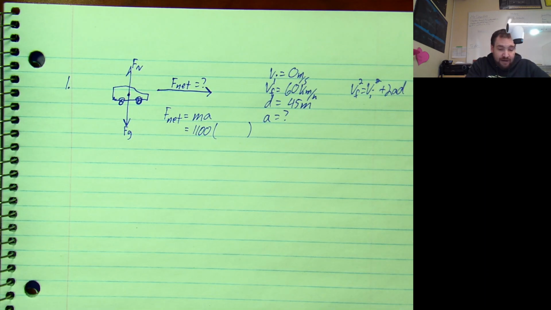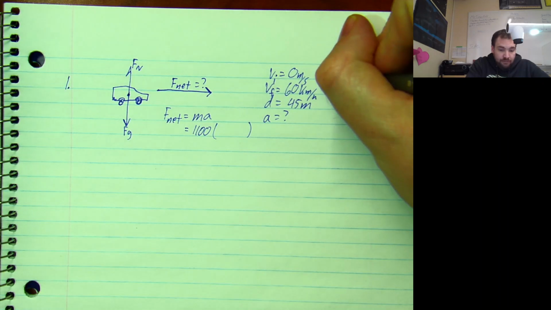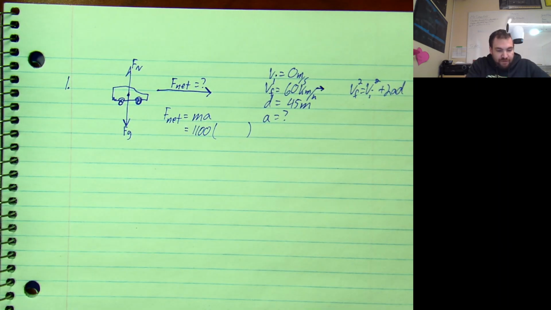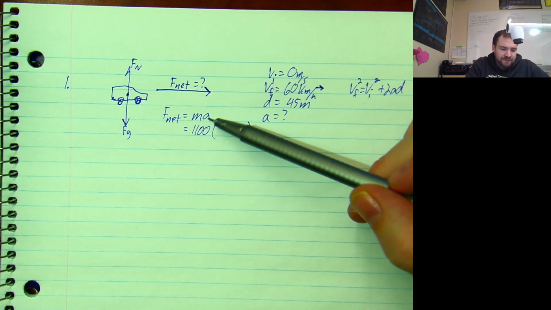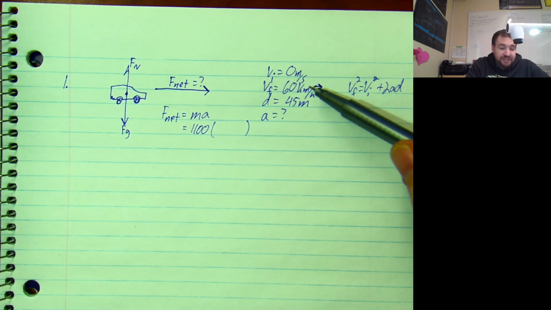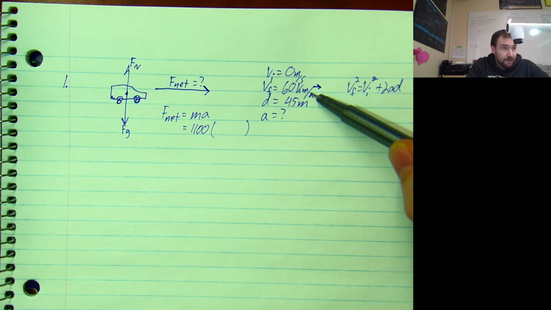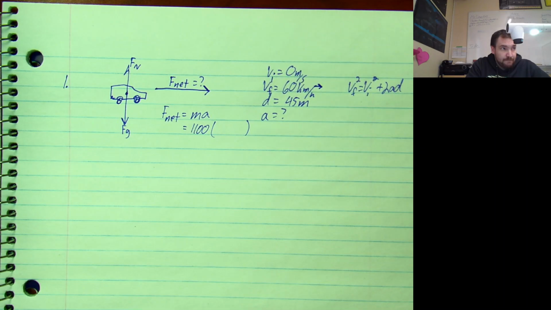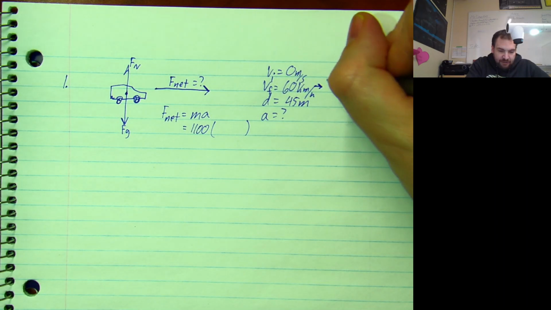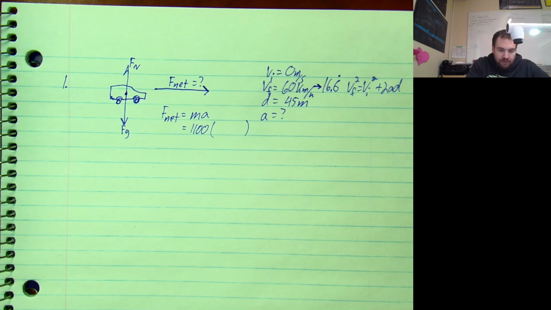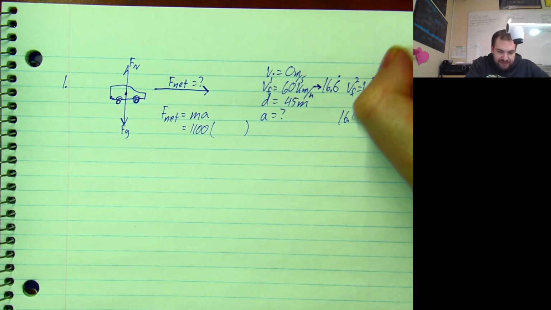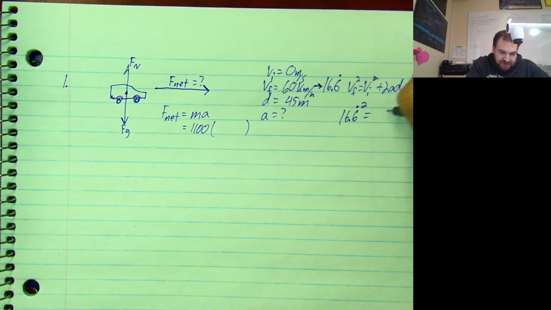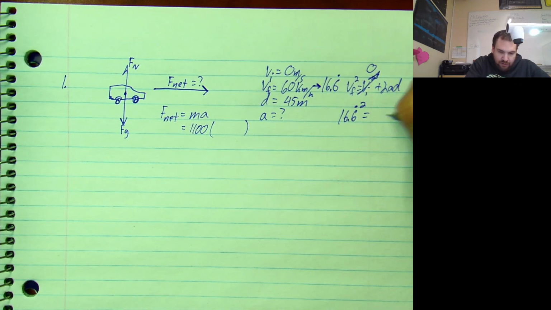Convert, to what? From kilometers per hour to meters per second. So 60 kilometers per hour is what in meters per second? 16.6 repeating, or 16.67.